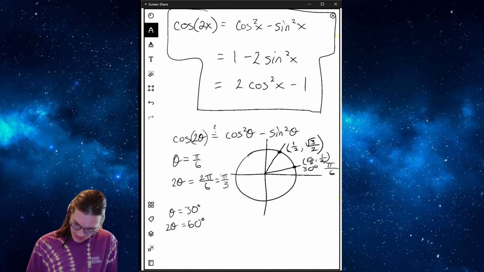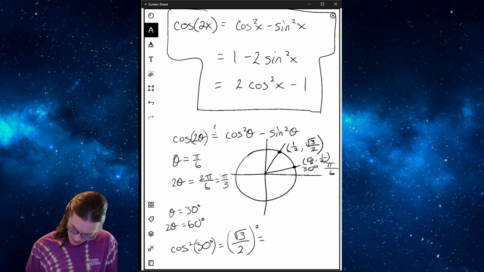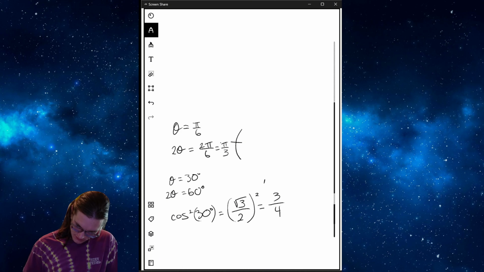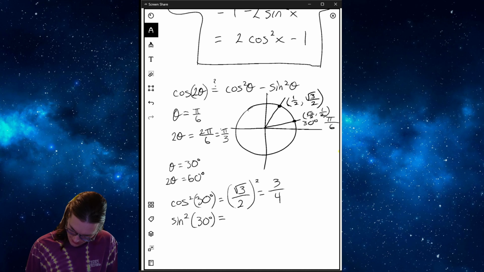Well, cosine squared of theta is going to be cosine squared 30 degrees, or pi over 6, which is taking the x value here and squaring it. So it's going to be equal to root 3 over 2 squared, which equals 3 over 4. Okay. And then sine squared of 30 degrees, going to be the sine value here at 30 squared, which is 1 over 4.